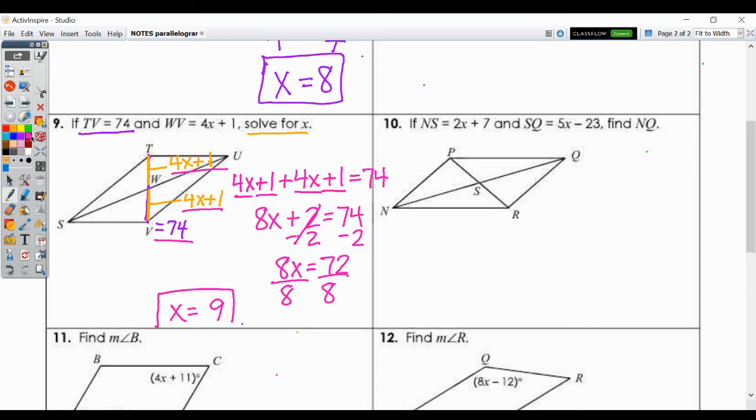Okay, let's look at number 10. So number 10, let's just label what they've told us. NS is 2x plus 7. So N to S is 2x plus 7. SQ is 5x minus 23.